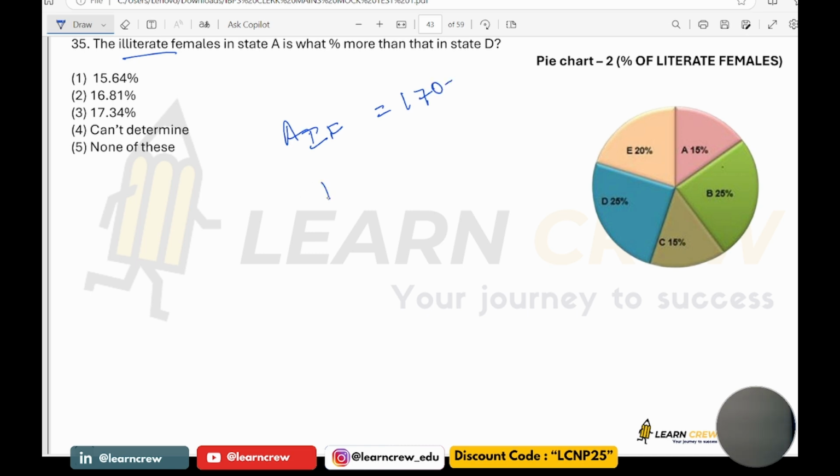And illiterate females in state D is how much? 147. So this is more than this. This is more than this by how much? 23. 23 is what percentage of 147? So very close to 1 by 6. So 23 into 6 is 138, na. So less than 16.66. So answer is 15.64. Okay. Next.